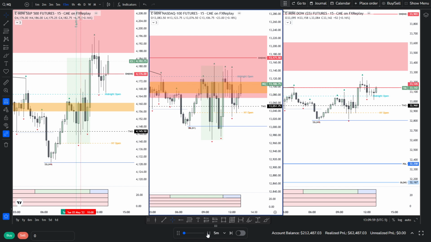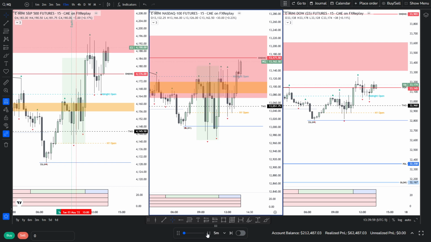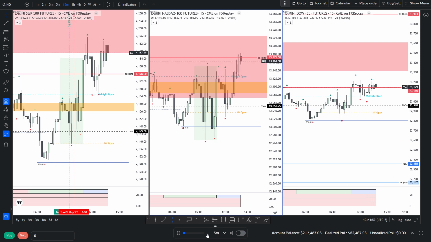I'm not really a fan of trading within the New York lunch, and there you go. So that's purged through. So all three models now, as far as I'm concerned, would not be permissible. So on that note, it would imply to me that we're likely going to seek higher prices.